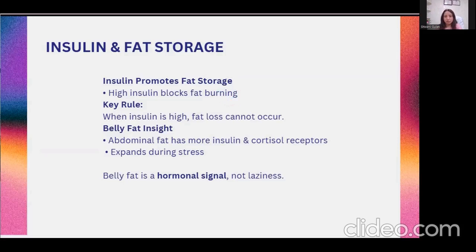When there is more, it has to go somewhere, so it will store it. So when insulin is high, fat burning is blocked. It doesn't matter how motivated someone is. This is a hormonal environment which determines whether fat loss occurs efficiently or not.